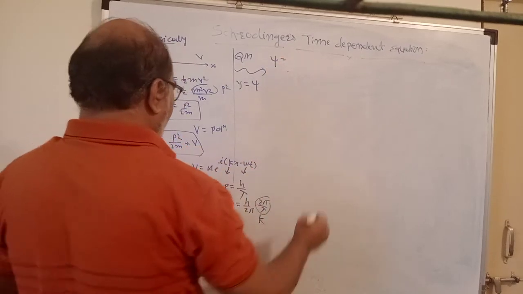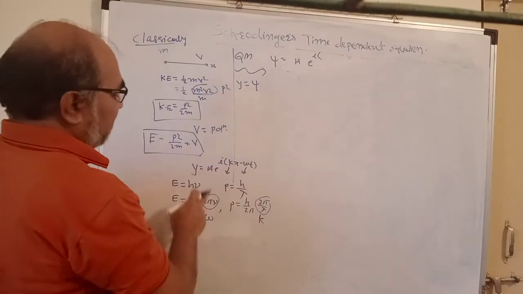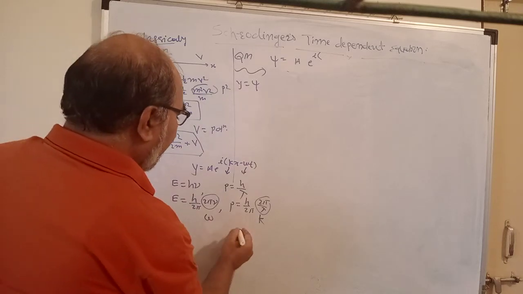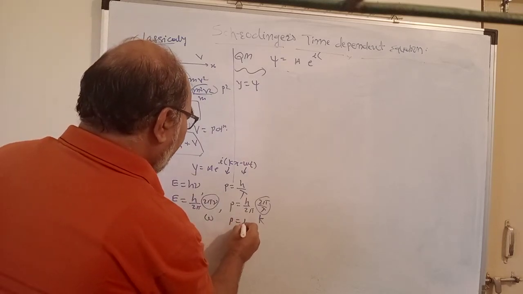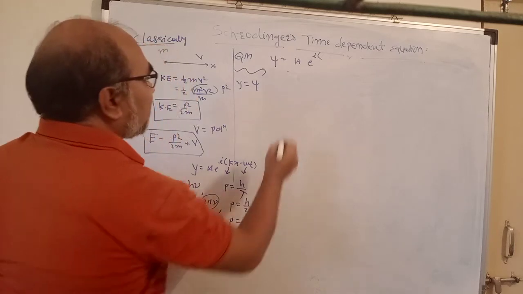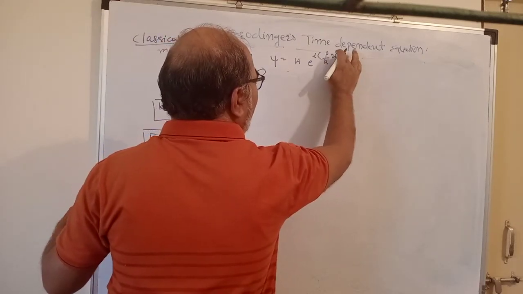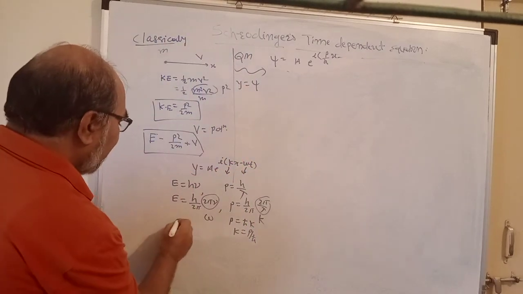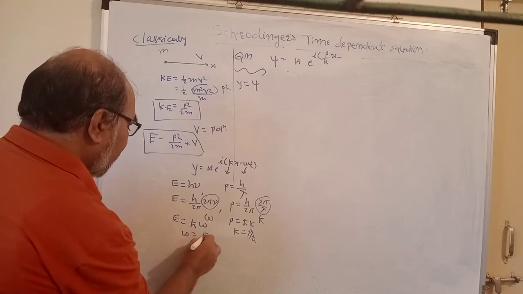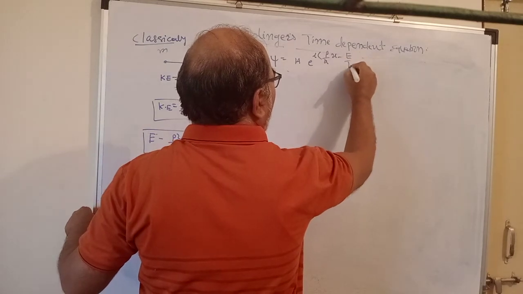Putting these values here, psi is equal to A e raised to i(kx minus omega t). The value of k is p by h cross, so k x is p x by h cross, and omega is E divided by h cross, so omega t is E t by h cross.